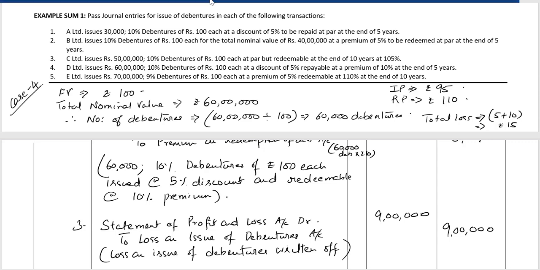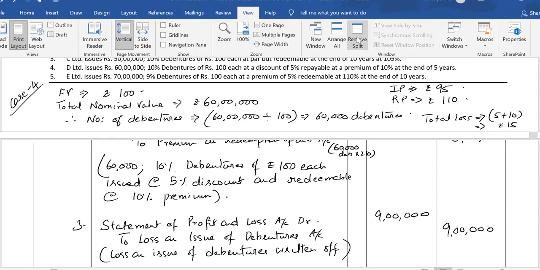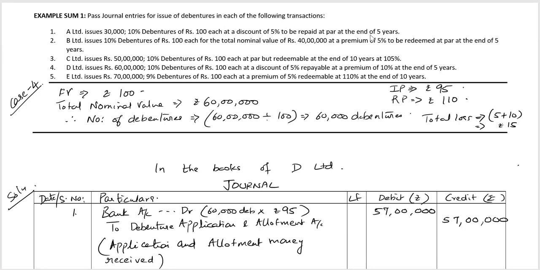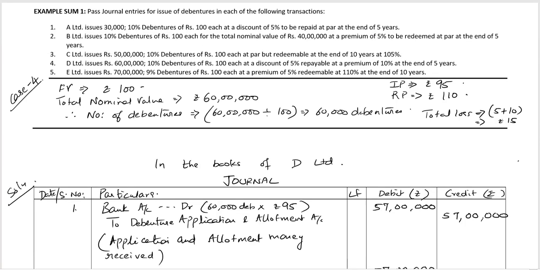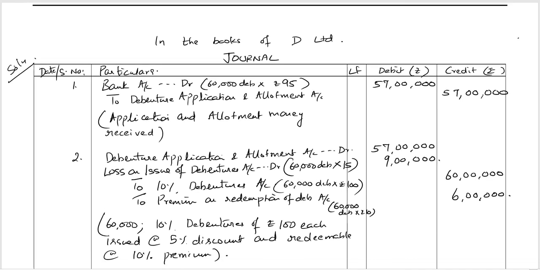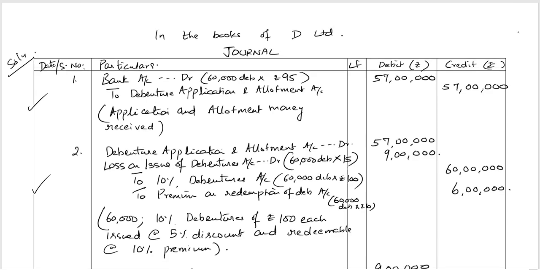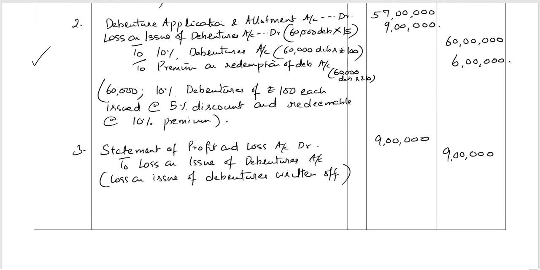The entries are done. We'll view the answer. The first two entries. And the final entry for writing off the loss on issue of debentures of 9 lakh rupees.